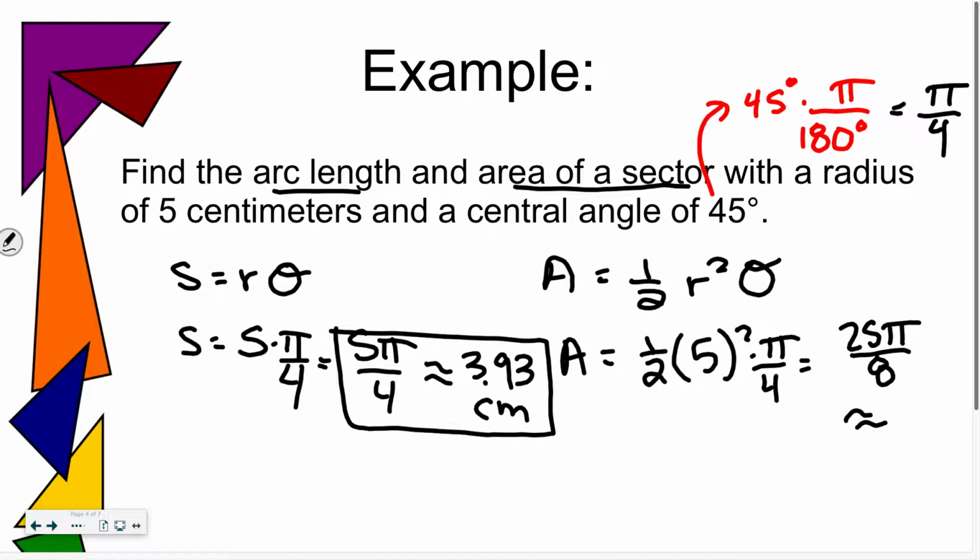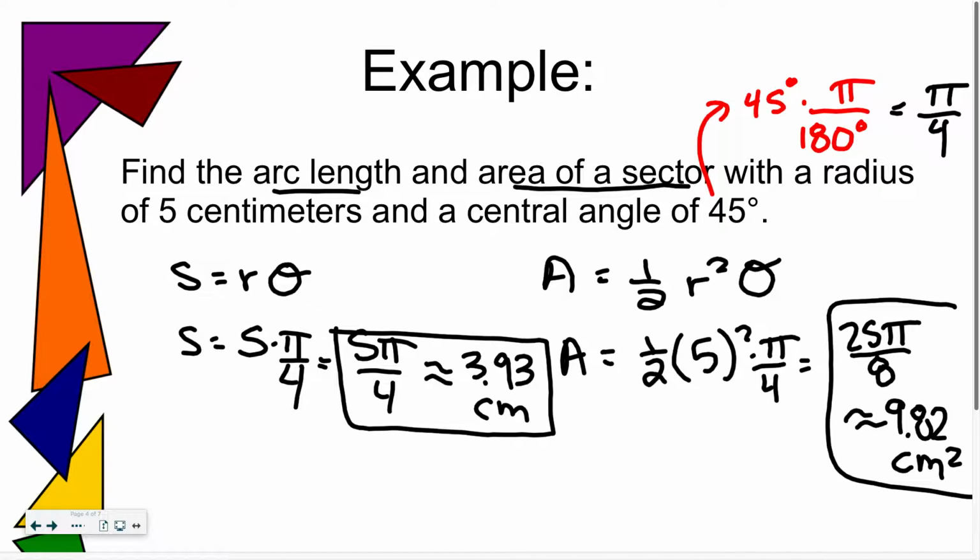Remember your labels. And 25 pi divided by 8 is approximately 9.82. How would we label the area? Centimeters squared. Okay, so at that point, it's really plug and chug.